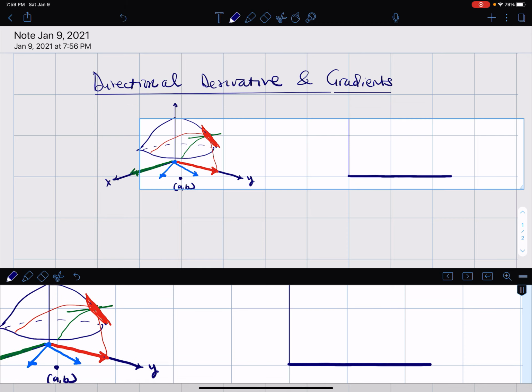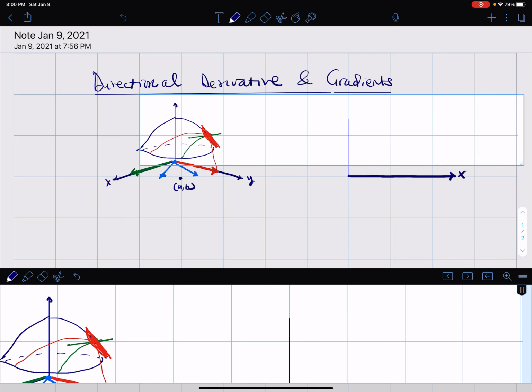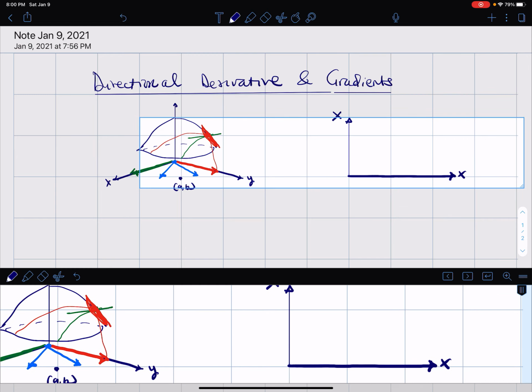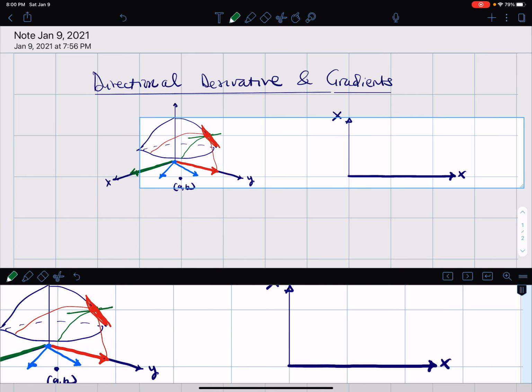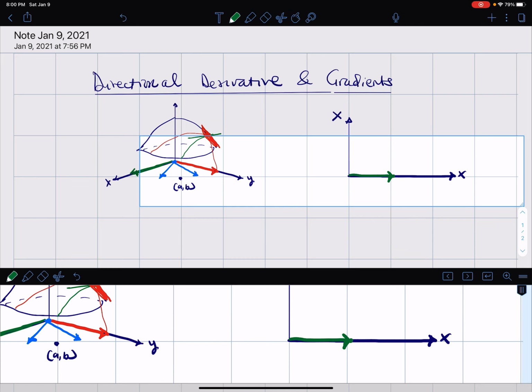So you have your x-axis, then you have your y-axis, right? So partial derivative f of x takes this direction, right?